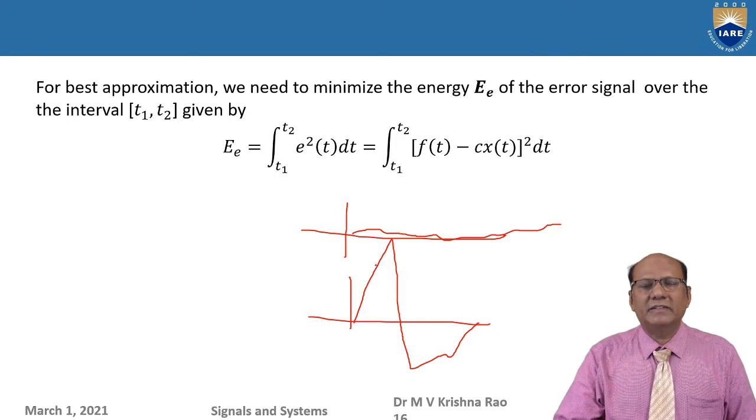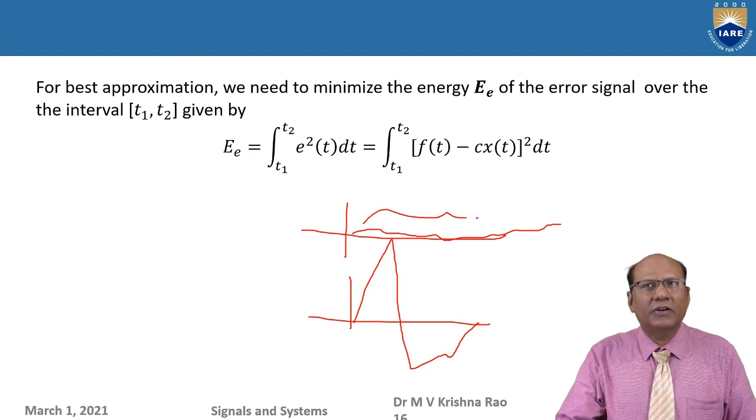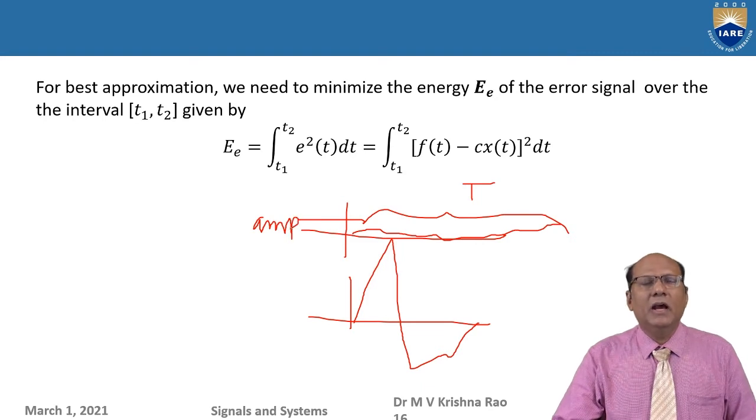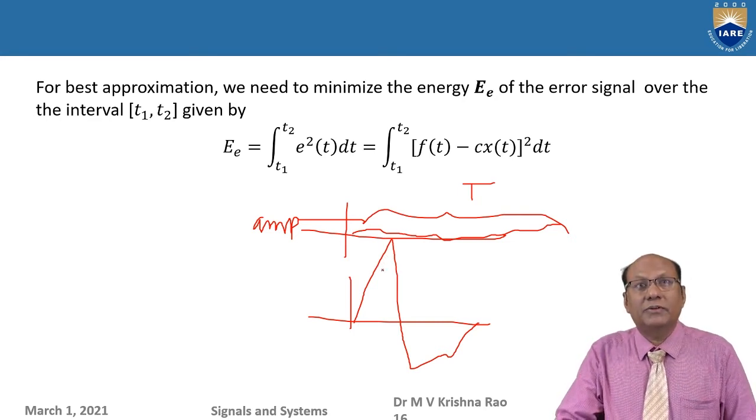So here what matters is, it is not just duration. You should not depend on the duration. This is nothing but your duration. And you should not depend on the amplitude. This is nothing but amplitude. So you should not depend on amplitude, or on the duration, because sometimes signals have higher amplitude and longer duration, or higher amplitude and lesser duration.